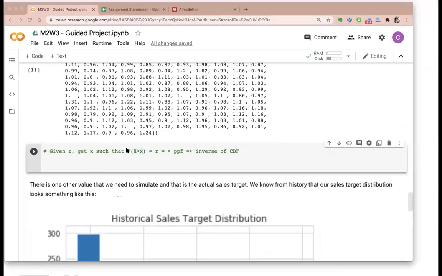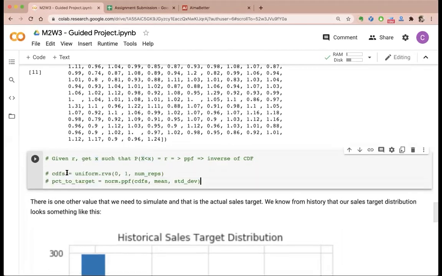Let's say I generate random values between 0 and 1, and I call them CDFs. Then to generate the normal values, I'll just use CDFs as input to the PPF. In the PPF I will just put those values between 0 and 1.